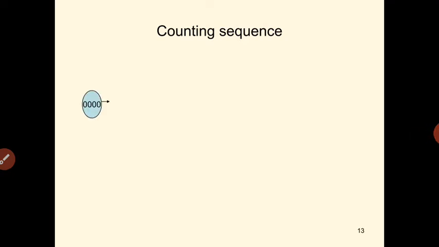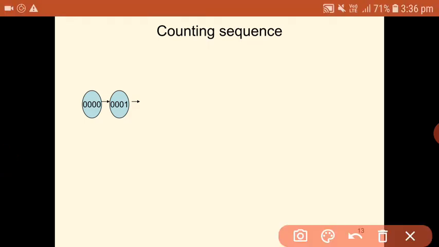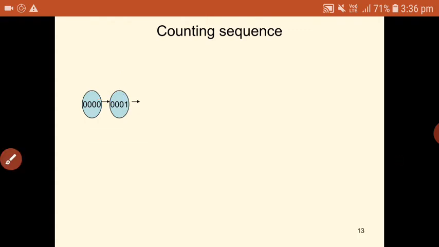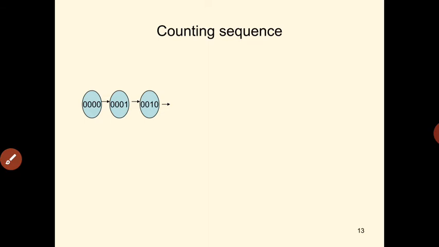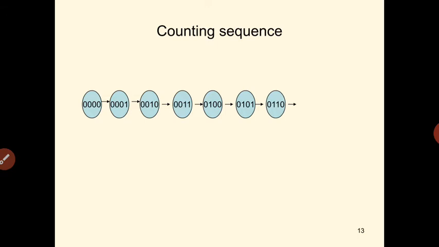Now the counting sequence is as follows. First it will be 0 0 0 0. Next Q0 output toggles, 0 to 1. Next 0 0 1 0, 0 0 1 1, 0 1 0 0, 0 1 0 1, 0 1 1 0, 0 1 1 1.